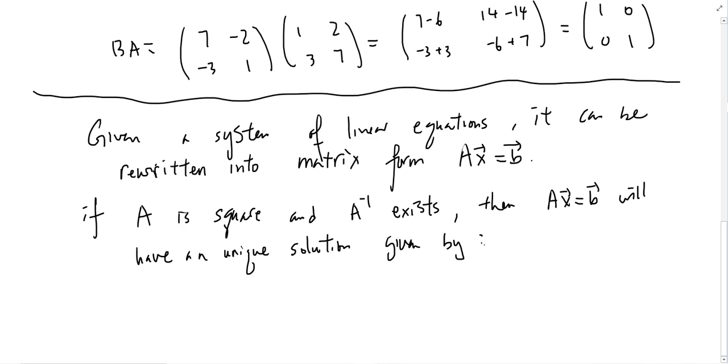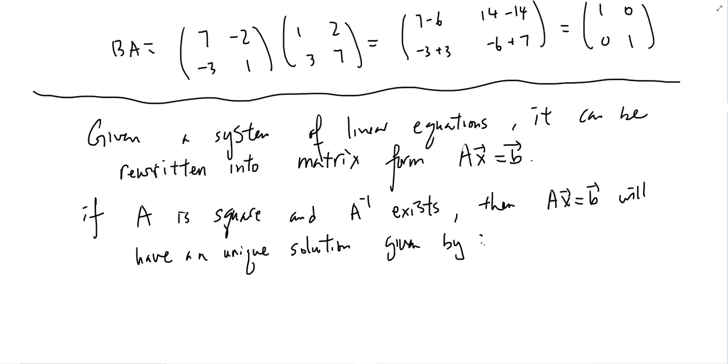Now, very important to understand is that whenever you have a linear system, as in this case in matrix form, there are three distinct possibilities for the solution set. Either no solution, infinite solutions, or a unique solution.